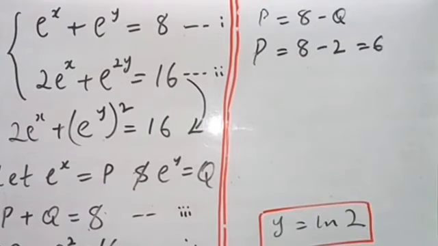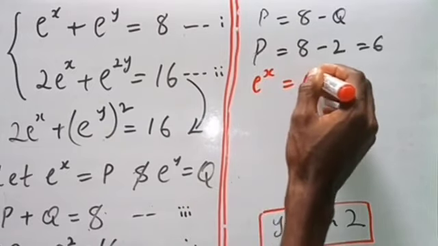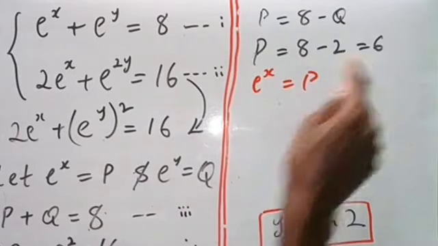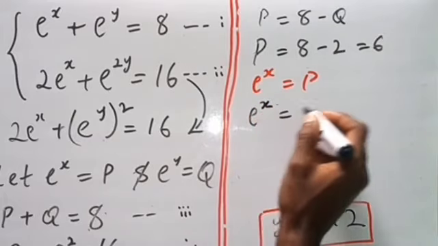And remember that from here, e raised to power x equals p. So for the value of p, we have e raised to power x equals 6.